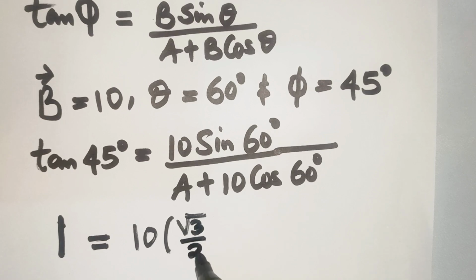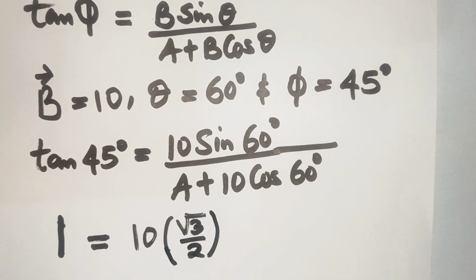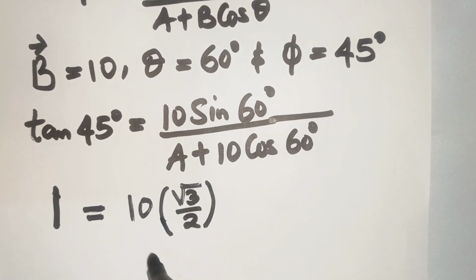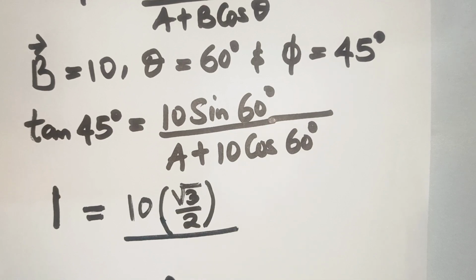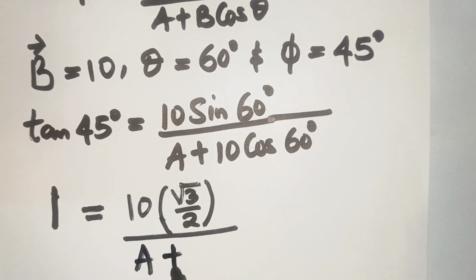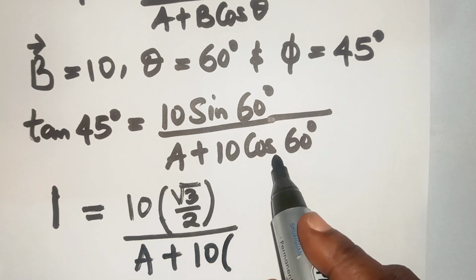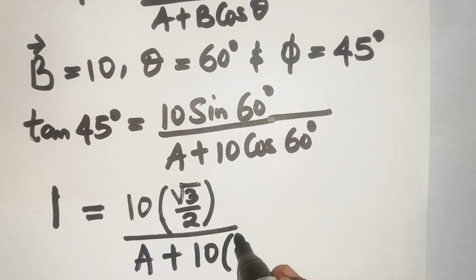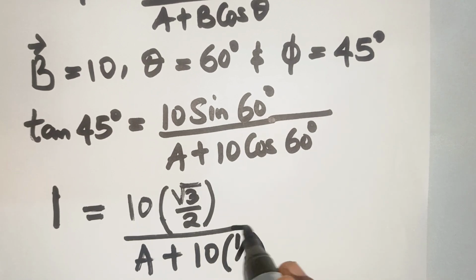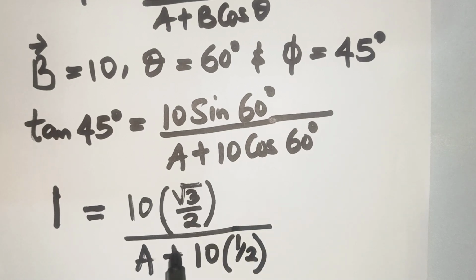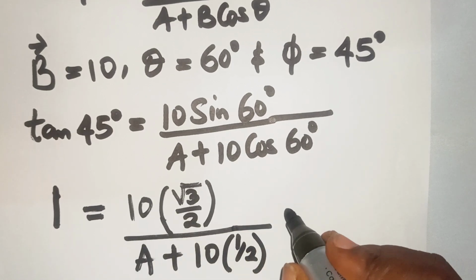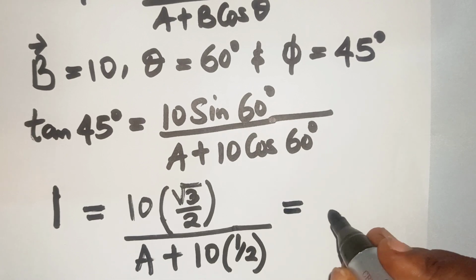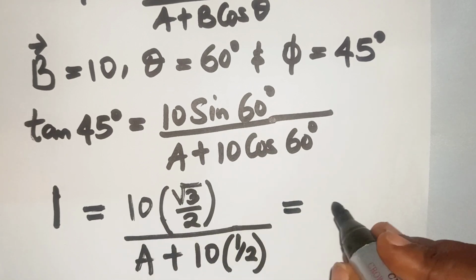We have 10 into root 3 over 2 all divided by A plus 10 into cos 60, which is half. So if we multiply out, we will have 10 divided by 2 gives 5.